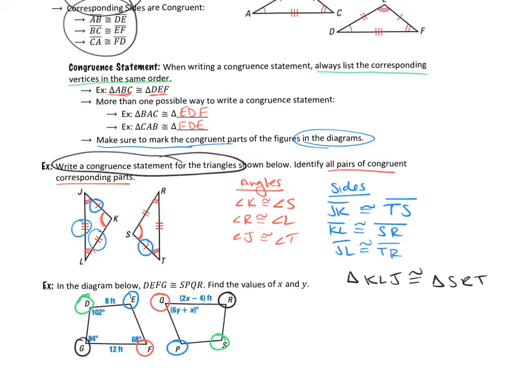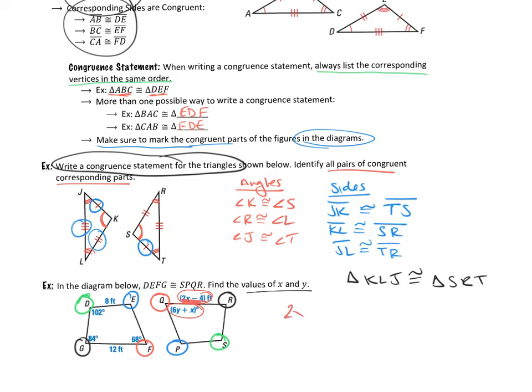The color coding will help because we need to find the values of x and y. x appears over here in angle Q, so does y, and I also know that x appears here. So the first thing I want to do is this expression here has just x.